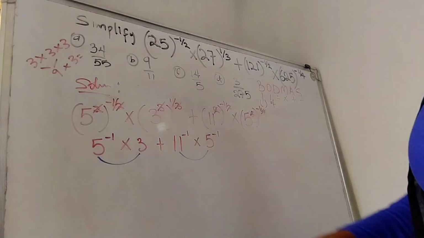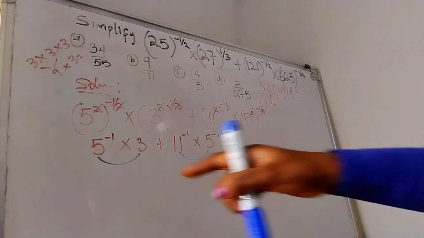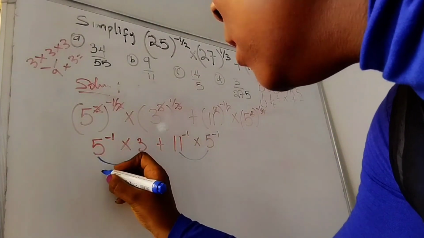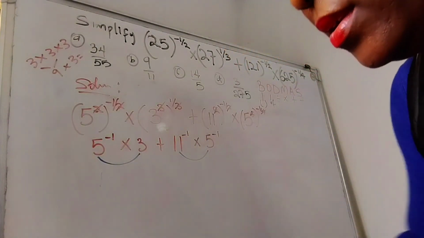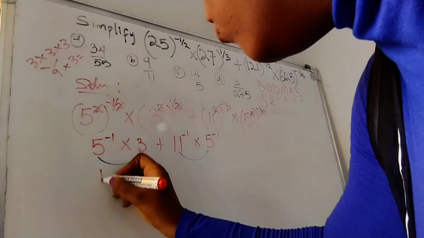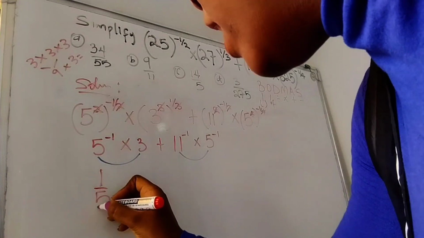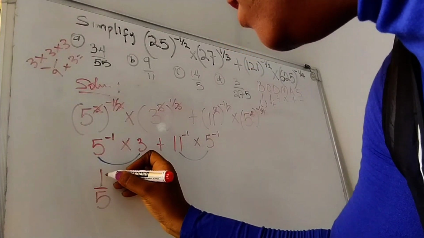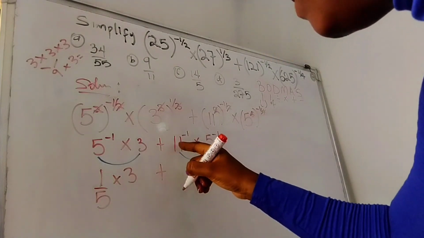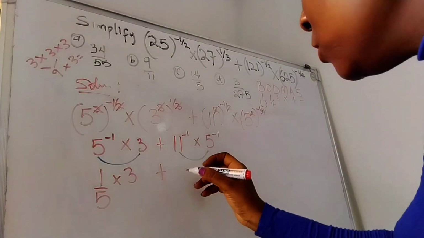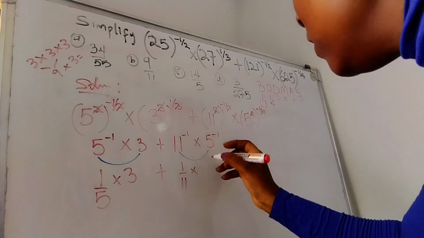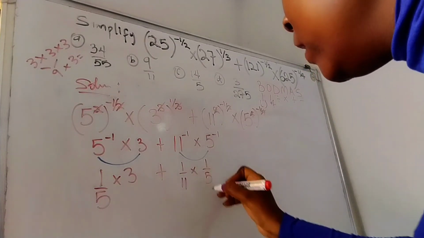So if we tackle this, what are we going to have? Remember, 5 raised to the power minus 1 is the same thing as 1 over 5, times 3. 11 raised to the power minus 1 is the same thing as 1 over 11, times 1 over 5 here.